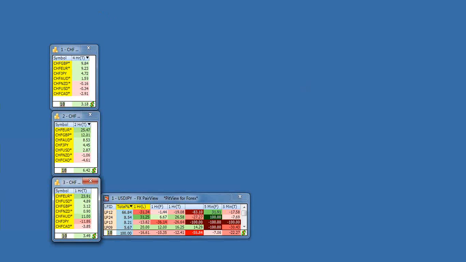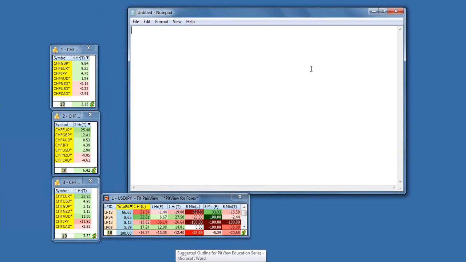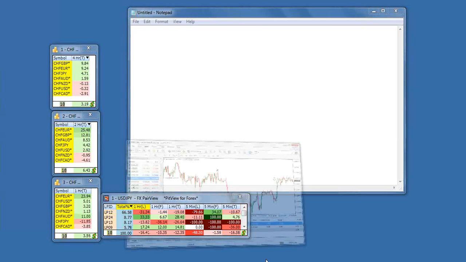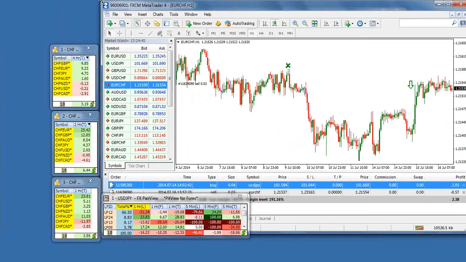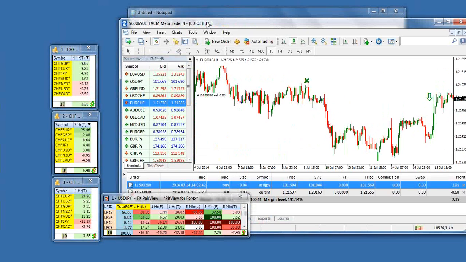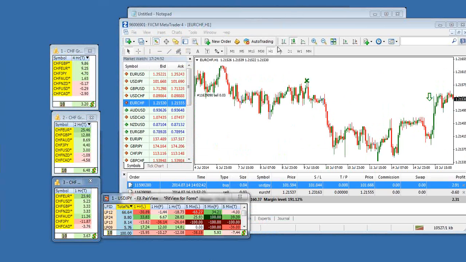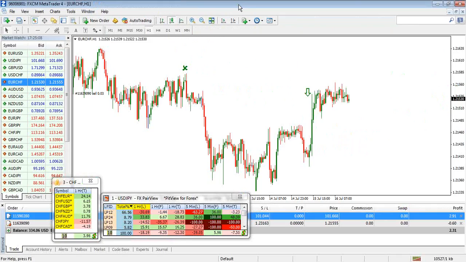All right. So let me go in here, and we'll just start going through some different case studies on the screen of how to utilize PitView and how to pick trades from here. So let me go in and pull up my MetaTrader. I want to make sure that everybody can see my screen okay. All right. So let me pull up my MetaTrader and I'll go through a couple of different case studies.